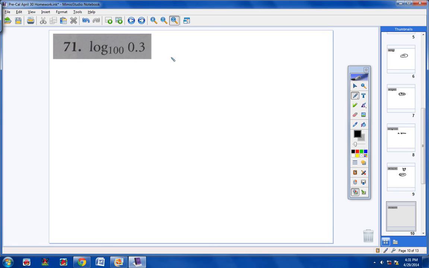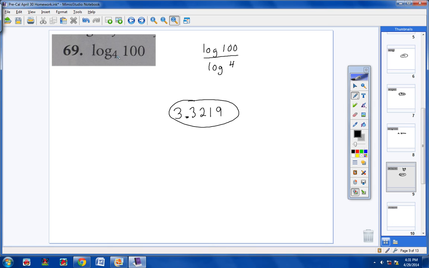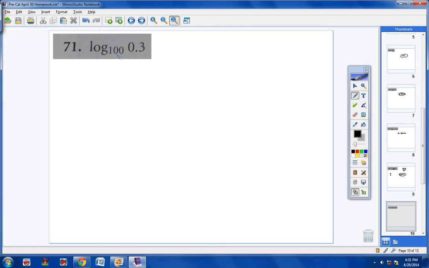Now, what we're going to have to do, notice it's base... let's go back to the last problem. Notice it was base 4, and your calculator does not do base 4. Your calculator does base 10 and base e. So we have base 100. Your calculator does not do that for you. So we're going to take the logarithm of 0.3 divided by the logarithm of 100. And notice we use common logs.